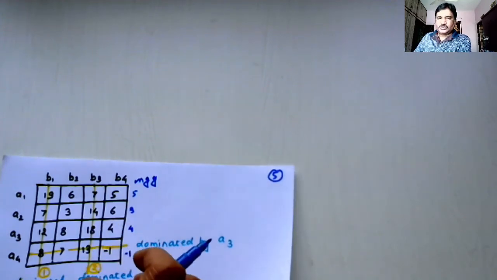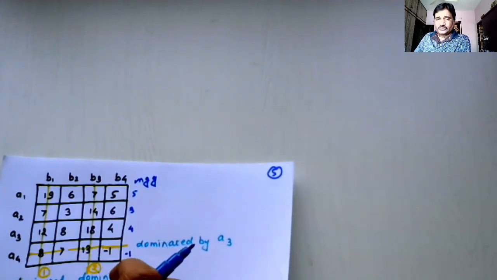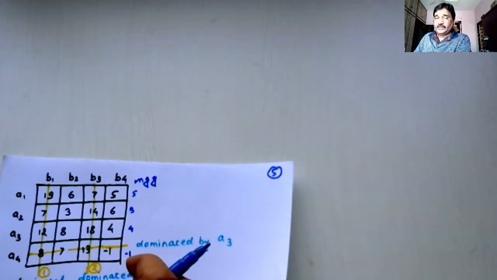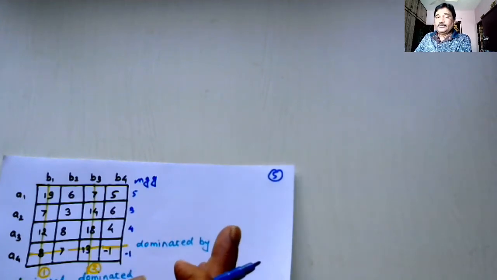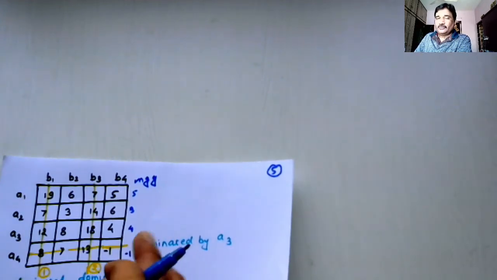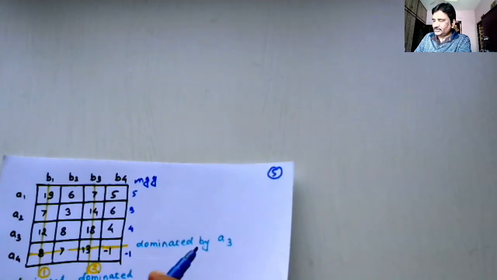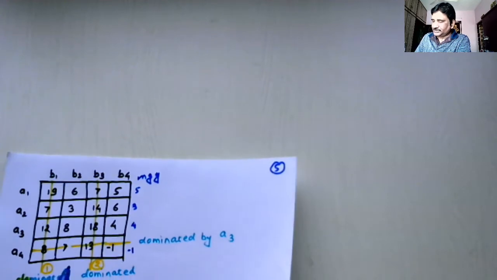This process is to be done even before you reduce the game by the dominance principle, because even that will not be needed if you get the saddle point. Your game will get solved there itself. So this being an easy process, you have to carry that out very first.